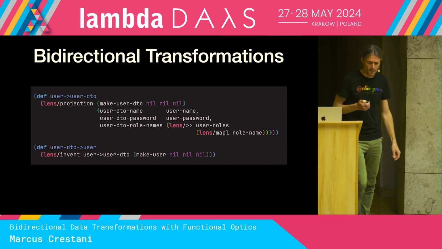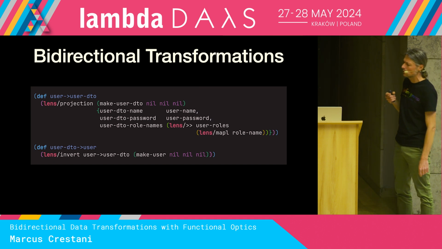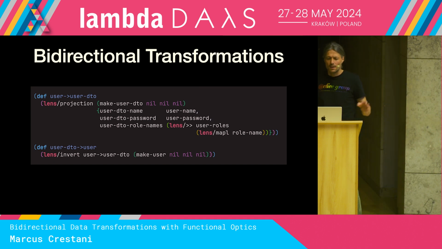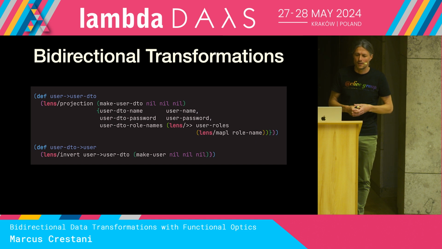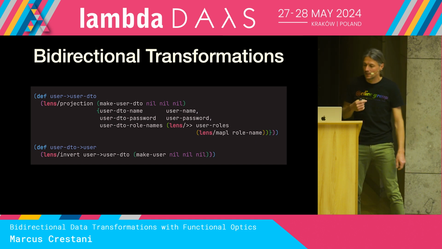The first argument constructs an empty user DTO object. So this is used as the target for the projection, like the neutral element, so to speak. And the second argument is the map that connects the fields.